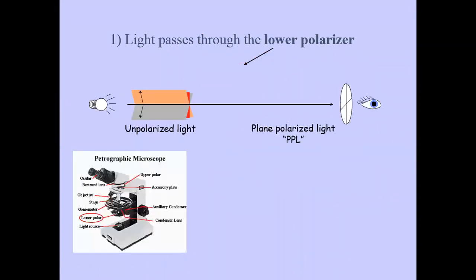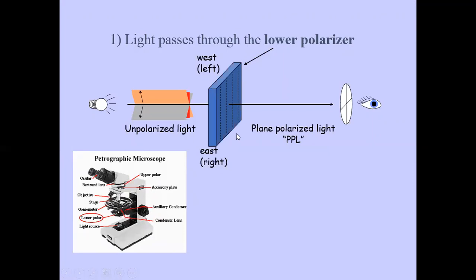Now, what is the difference between plane polarized light and cross polarized light? Remember that the light emitting from the source in a microscope is unpolarized light. However, after passing through the lower polarizer, it gets polarized.